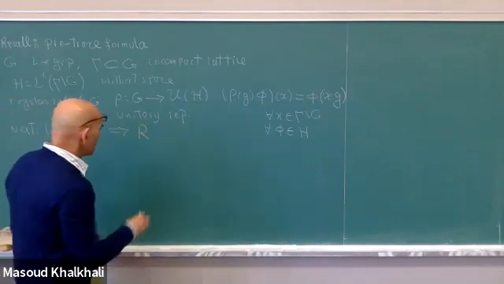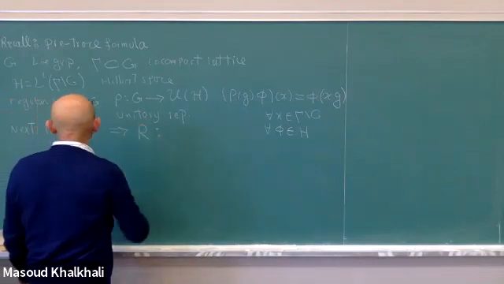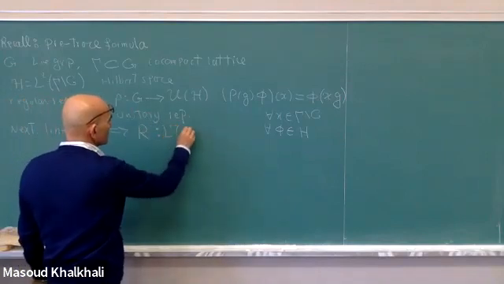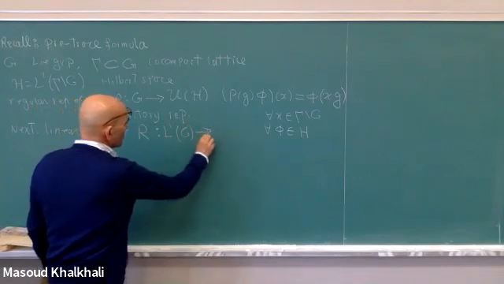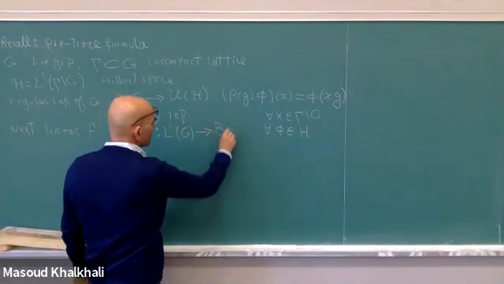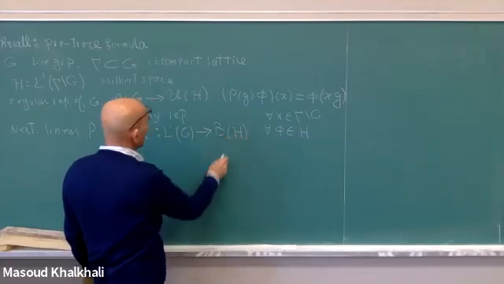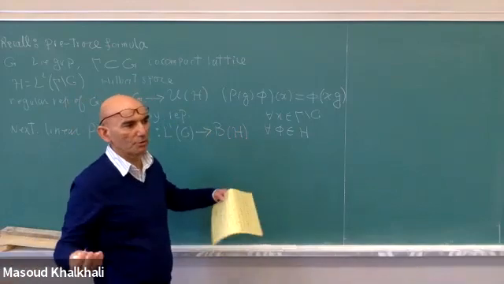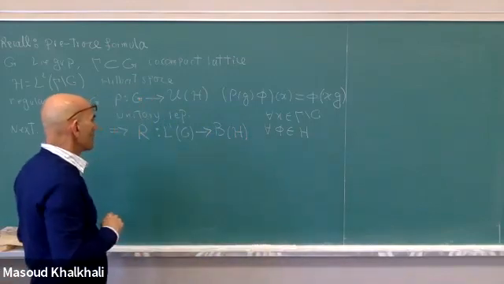So this R is now a representation of this L1 of G to all bounded operators on H. But not necessarily unitary, because we are adding all these unitaries and there's no reason for that to be unitary again.